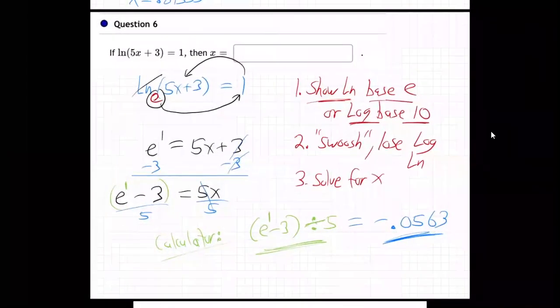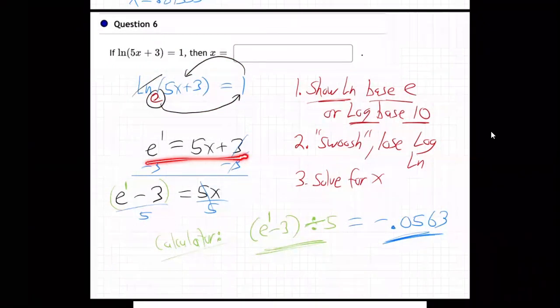So let's recap. How do we handle a logarithm equation? First off, you show the base if it's not showing already, either the base e or the base 10. And then you do the swish, that little Nike swish thing that loses the log word. That's how you change from log form to exponential form or vice versa.